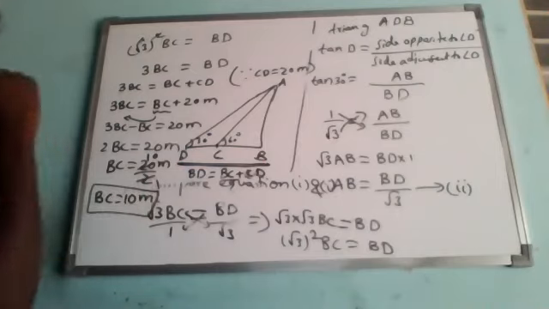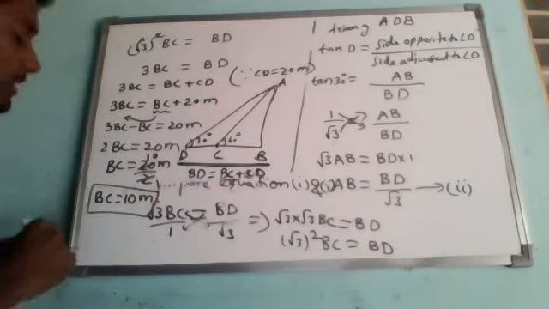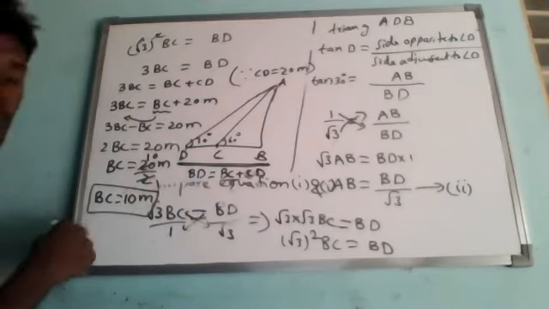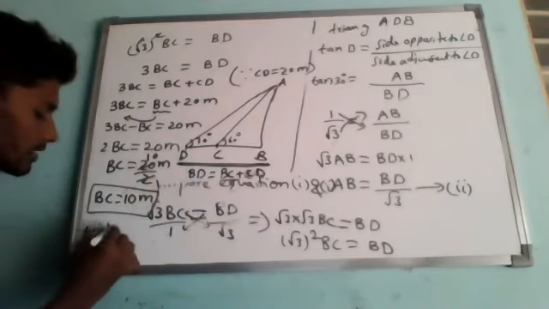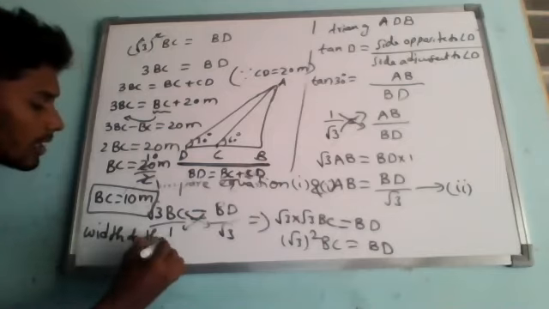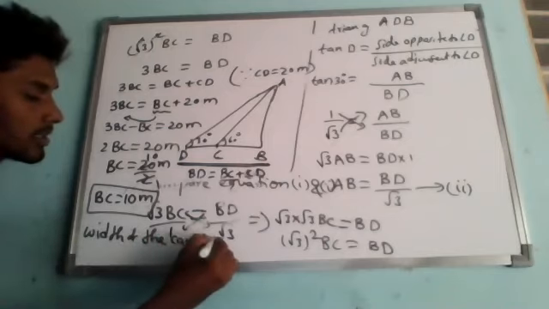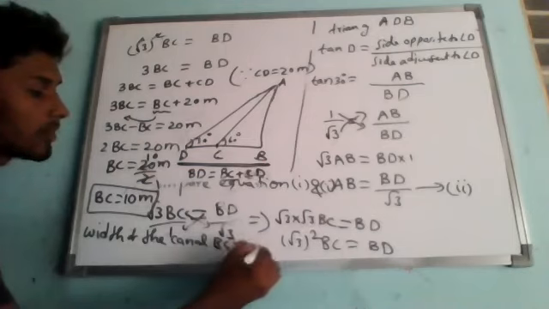From the beginning, we assumed that BC is the width of the canal. So the width of the canal BC is equal to 10 meters.